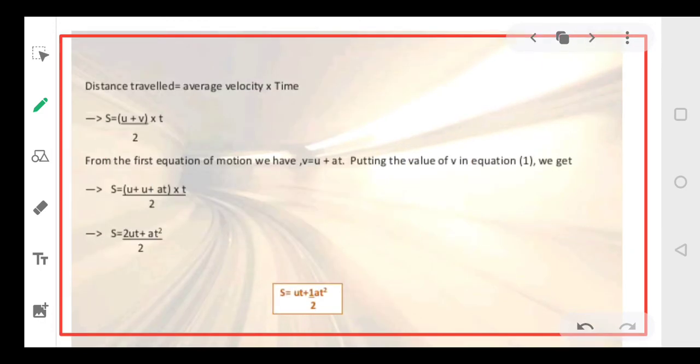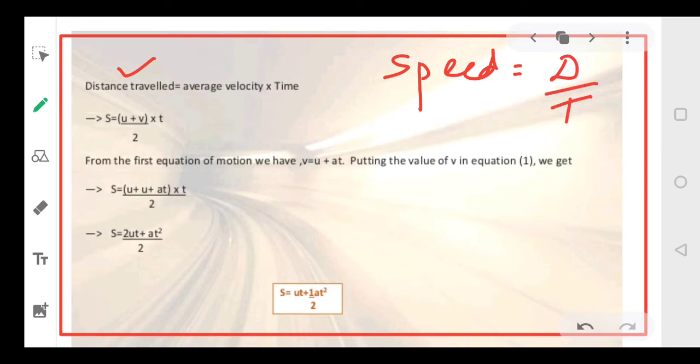Now we know speed is equal to distance upon time. So what is distance equal to? Distance is equal to speed into time.